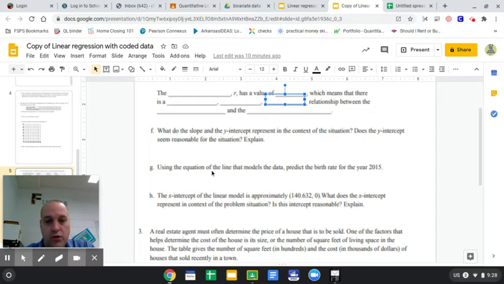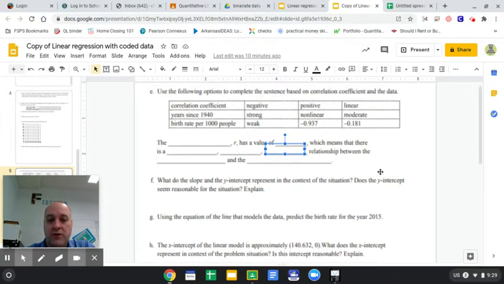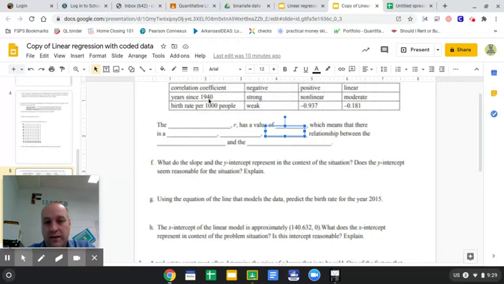So, using the equation of the line that models the data, predict the birth rate for the year 2015. Well, for starters, 1940 to 2000 is 60 years, plus 15 is 75 years. So we're looking at 75 years for what I plug into my calculator.